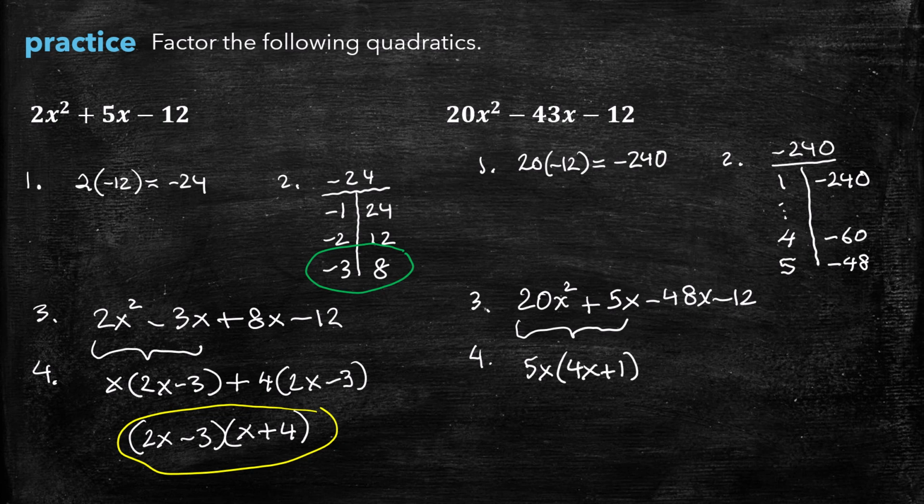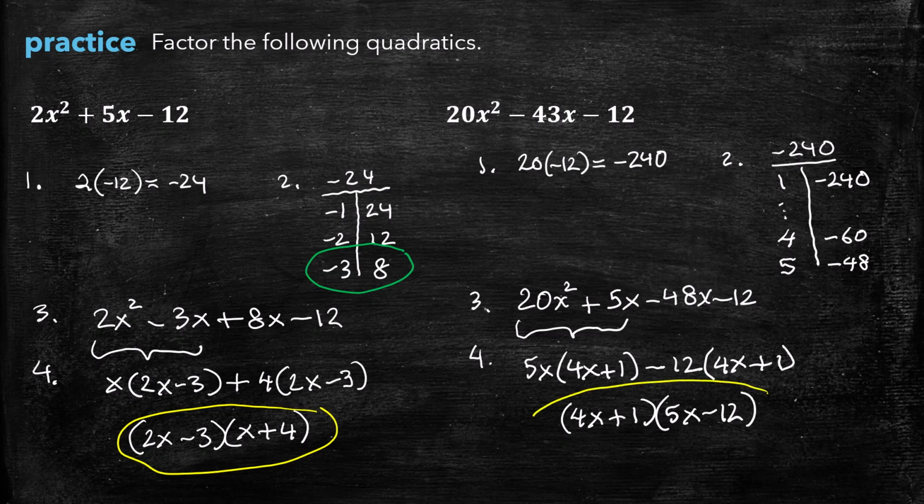Now here, when there's a negative in front of the second of the two, so 48x, it's good to take that negative out, because if you don't, you won't end up with the same thing in parentheses. And now we're at a stage where we can take out 4x plus 1. And we're left with 5x minus 12 in the other factor. And again, I'll leave it up to you to check, but we have successfully factored quite a complicated trinomial.